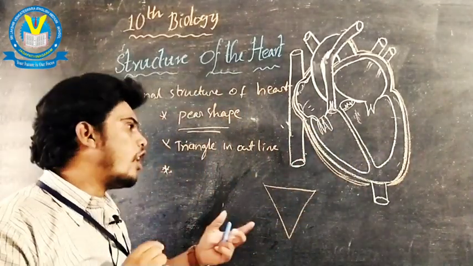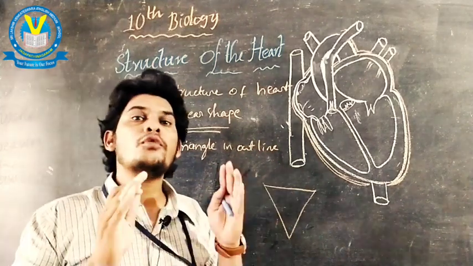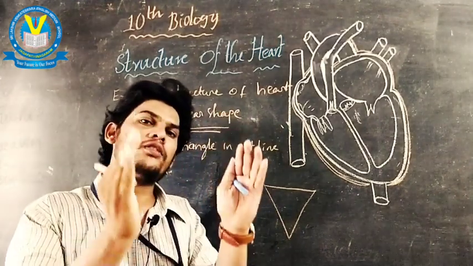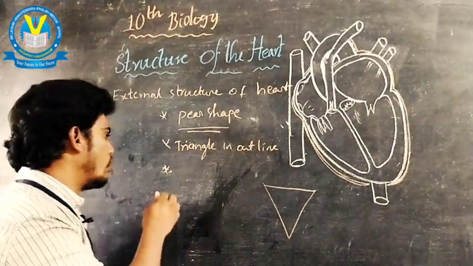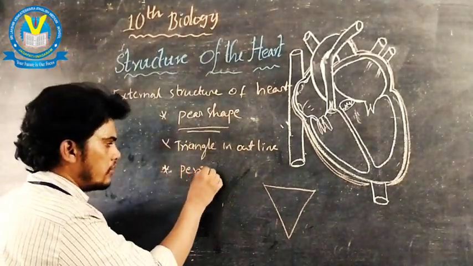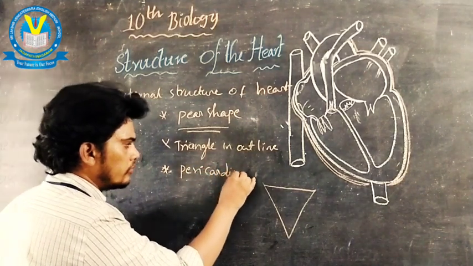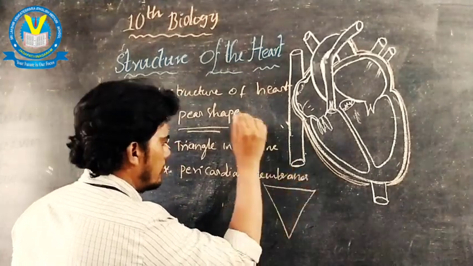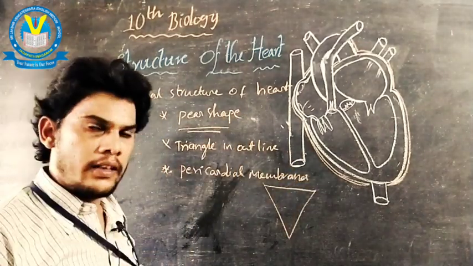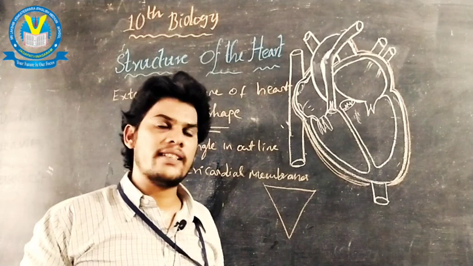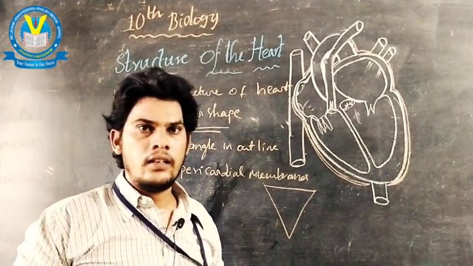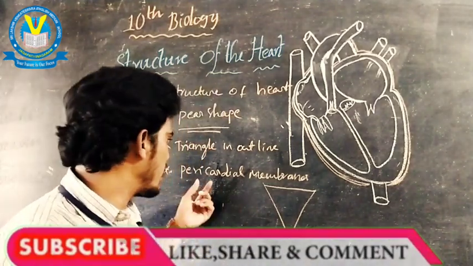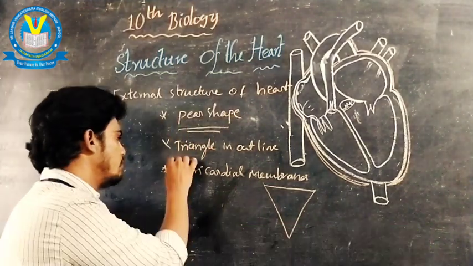We can write: the heart is surrounded by two membranes, or two membranous structures enclose the heart. The two membranes are called pericardial membranes. It is very important for your examinations, competitive exams as well as for your 10th class. The membranes that cover the heart are the pericardial membranes.